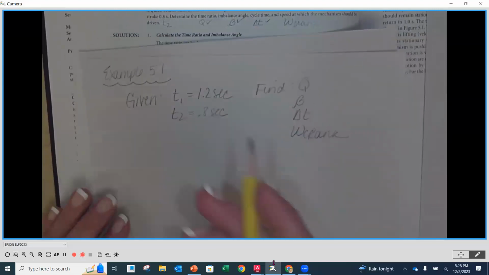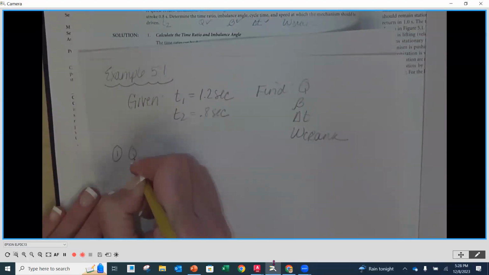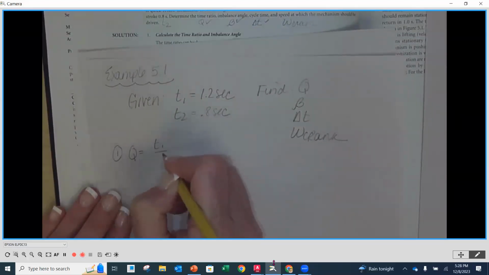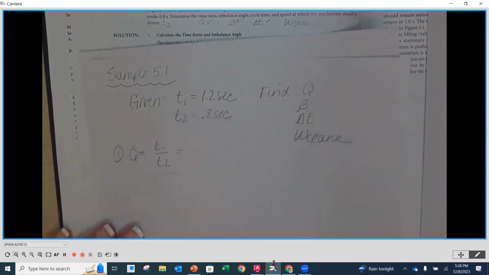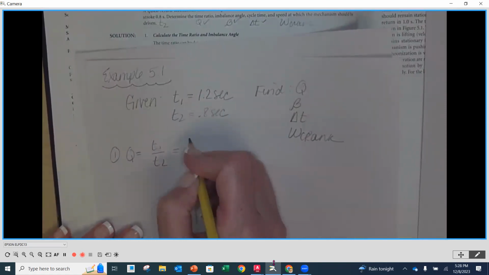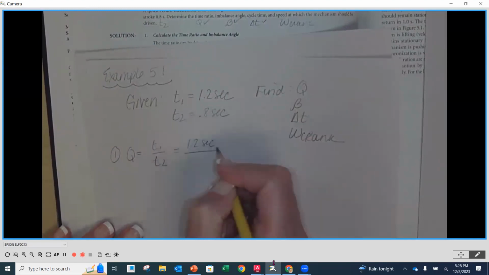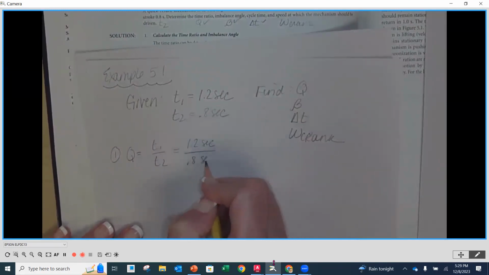So step number 1, then we're going to say Q is equal to. Again, make sure that you write out your equations in variable form first, and then input your values with the units, so that we can see what's canceling and or combining. So my T1 in this case is 1.2 seconds. My T2 is 0.8 seconds.